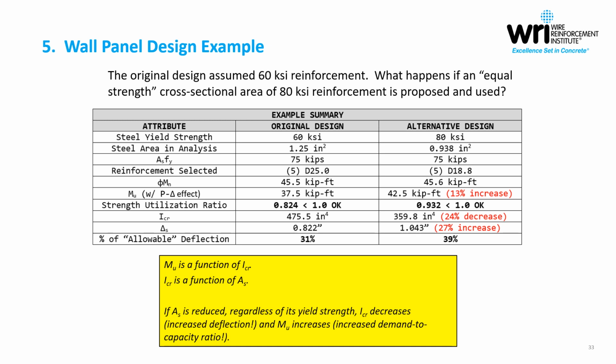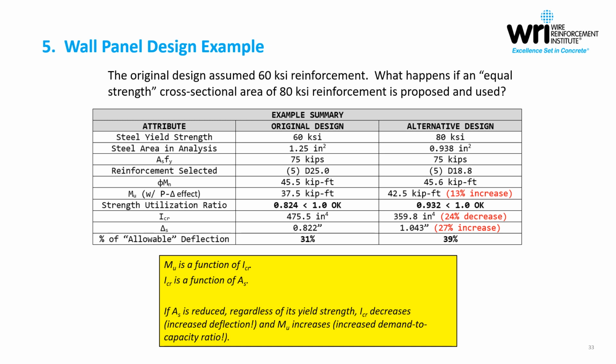We have the original 60 KSI design on the left, and the 80 KSI alternative design on the right. The alternative design solution is still valid, but you can see that what seems like a fairly innocuous adjustment, reducing the steel area, results in a magnification of the flexural demand, including the P delta effect. So that jumps up 13% from 37.5 to 42.5.